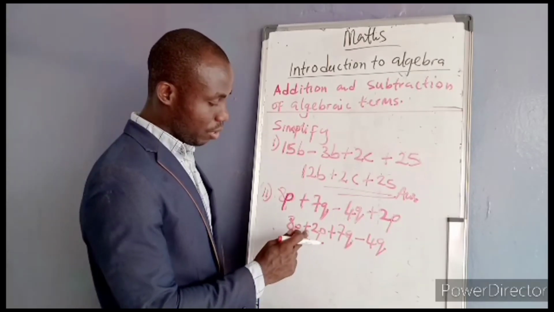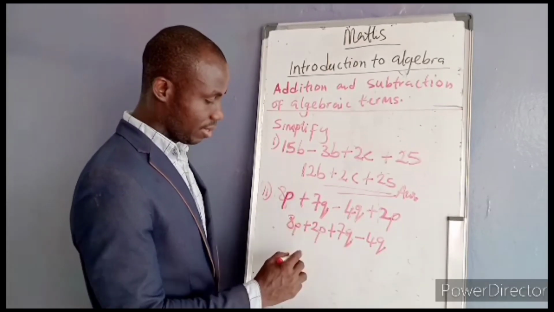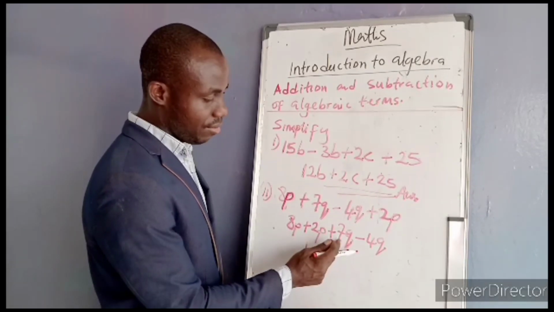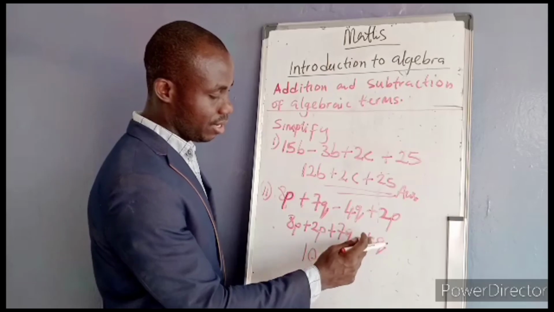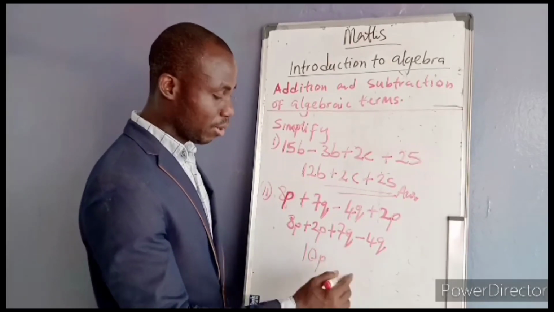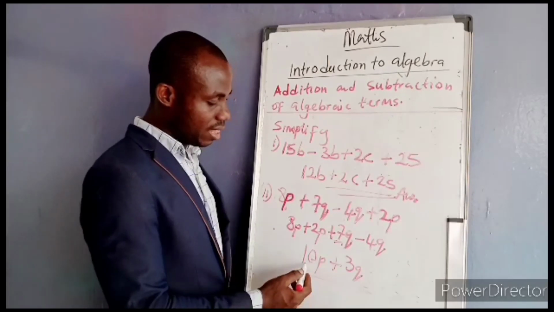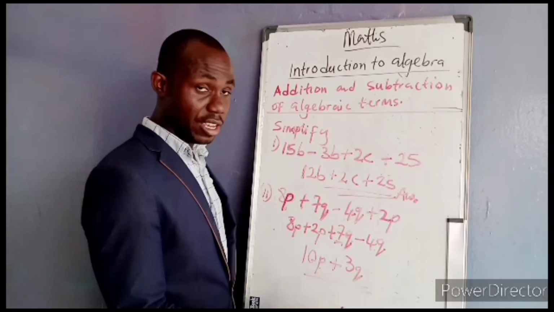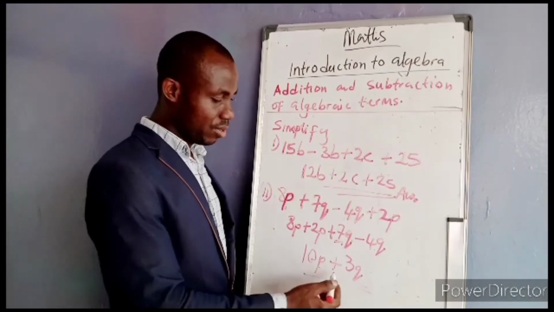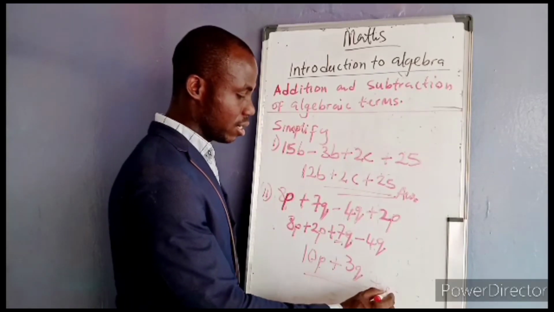Now, 8 plus 2 is what? 10. So I have 10p. Now, 7 minus 4 is what? 3. So I'll have it as plus 3q. We cannot add 10p and 3q because they are not the same alphabet. They are unlike terms. So this is our answer.